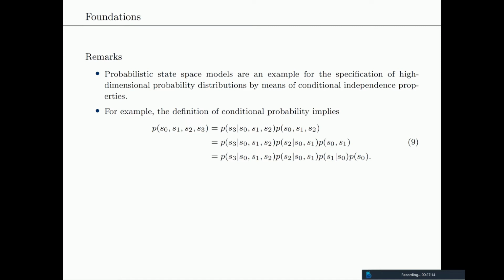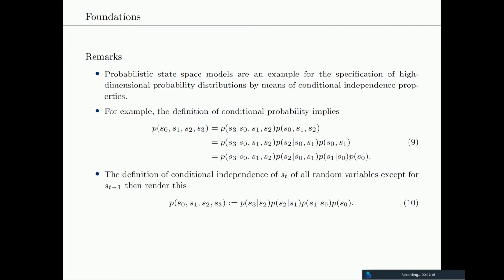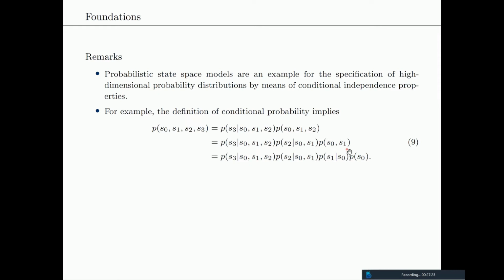The crucial thing now about state space models is that you impose some conditional independence properties. What this means is, for example, if you look at the conditional distribution of S3 given S0, S1, S2, you say, given S2, the distribution of S3 is independent of S0 and S1, yeah?